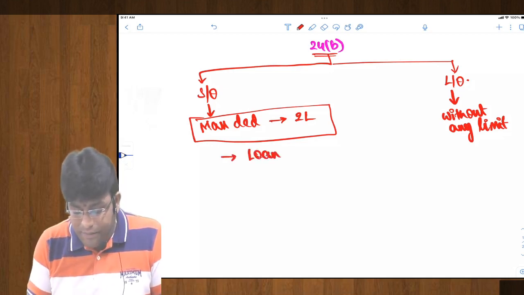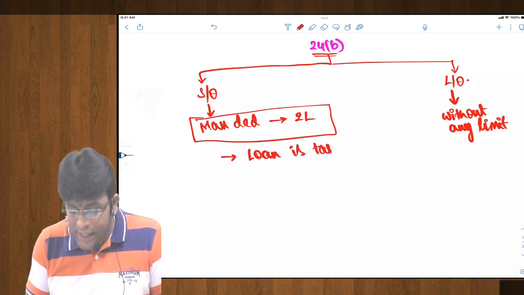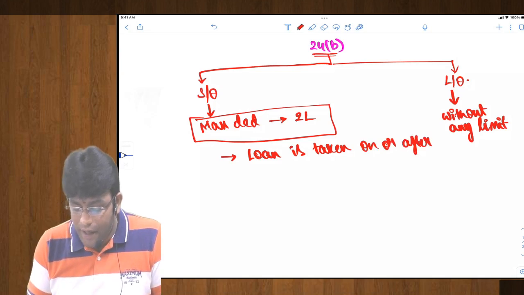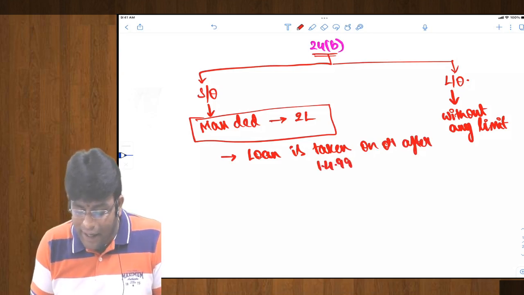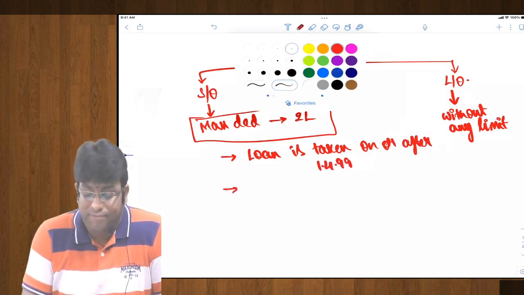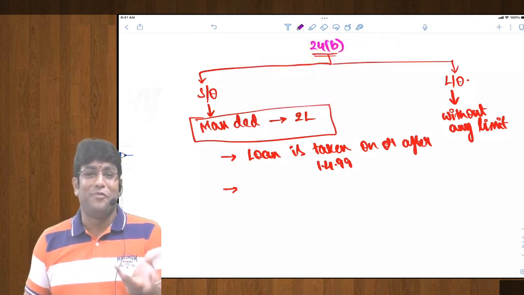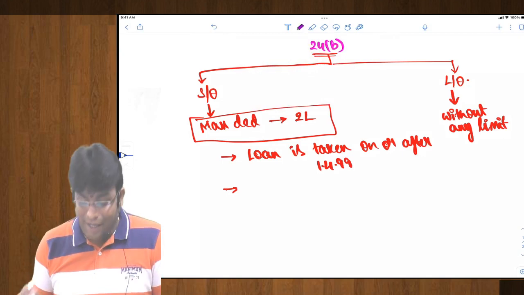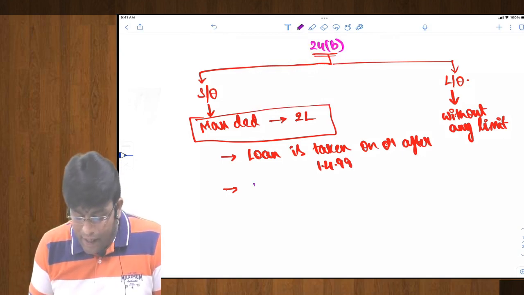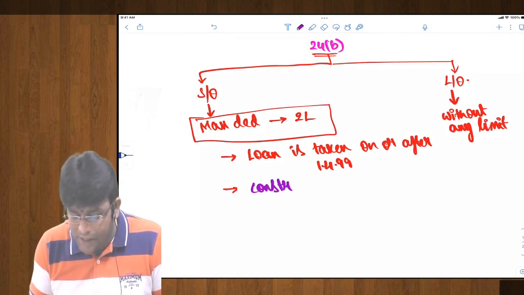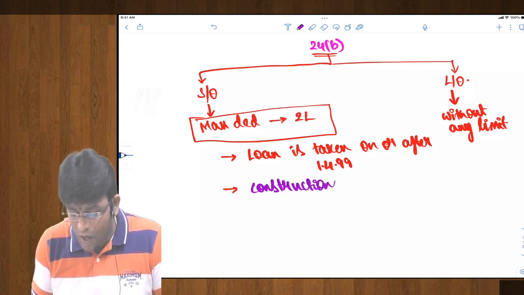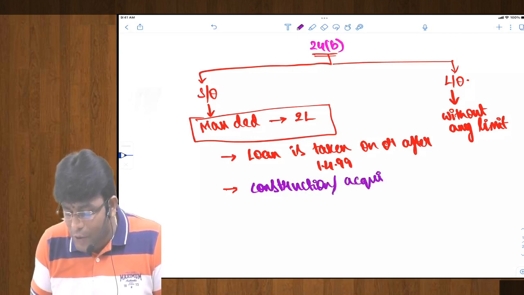Condition number 1, loan is taken on or after 1-4-99. Of course यारो अभी हम लोग 2022 में हैं, so obviously loan is taken after 1-4-99 only. That is the basic condition. Second, loan is taken for the purpose of construction or for the purpose of acquisition.